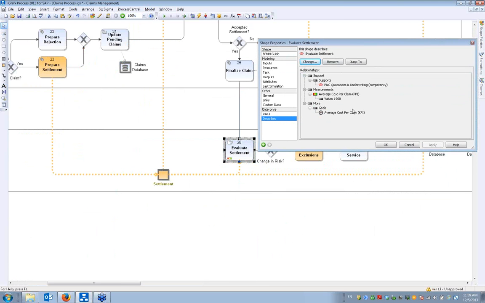That KPI was average cost per claim, and it's related to the evaluate settlement activity in this specific process. Right now, the average claim cost is about $1,900, noted in the process performance indicator that I'm tracking on this specific process.